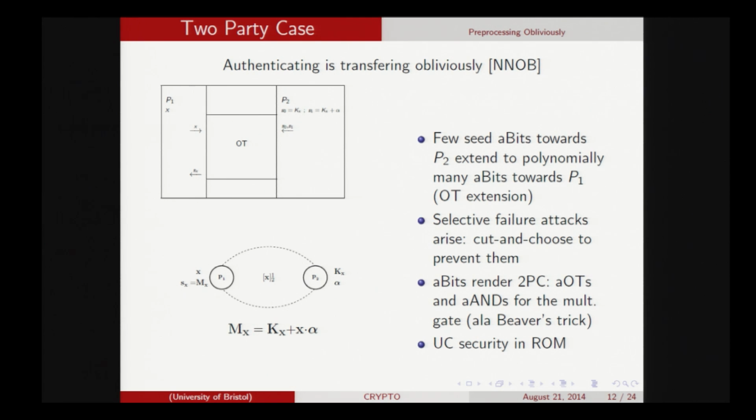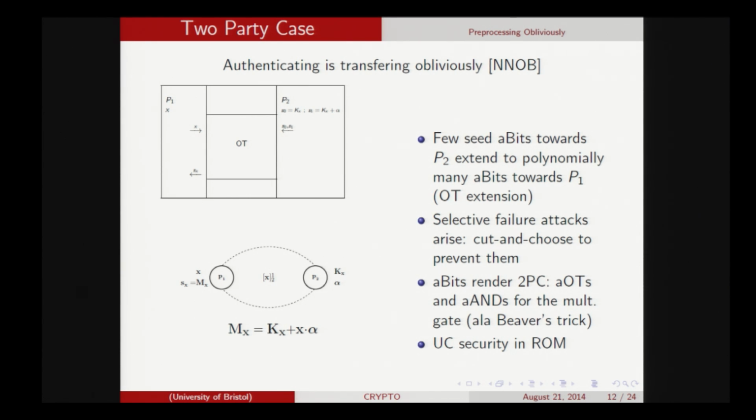The number of bits that were going to be authenticated was the same as the size of the bit strings in the OT functionality. But unfortunately, some selective failure attacks arose in the process, and they had to use cut and choose techniques to prevent them.